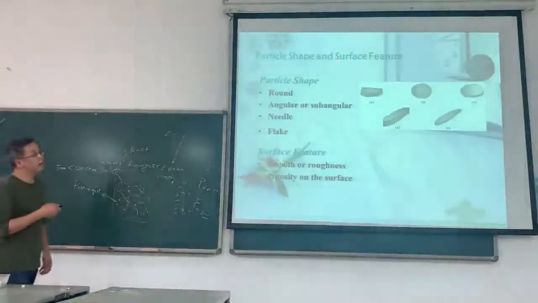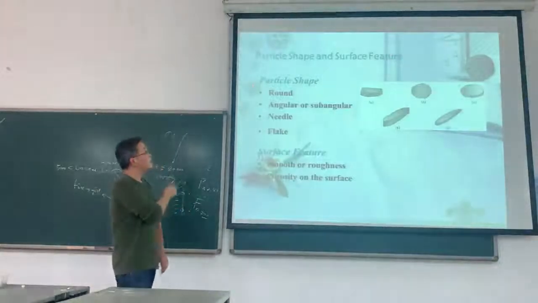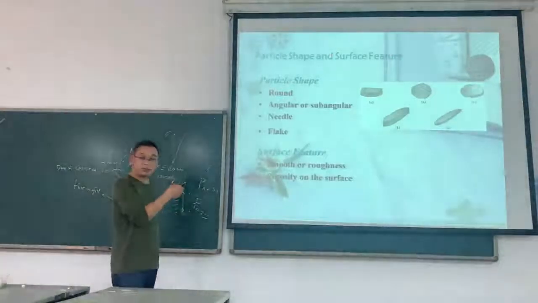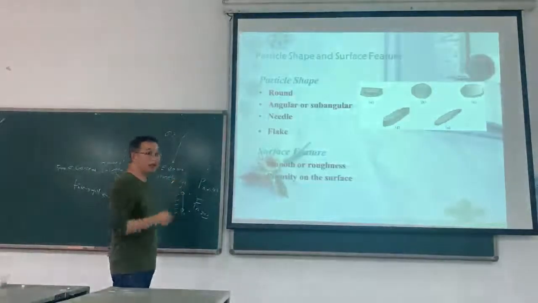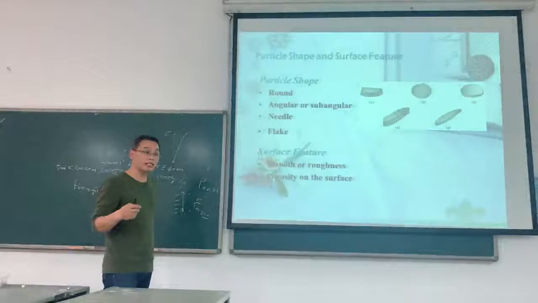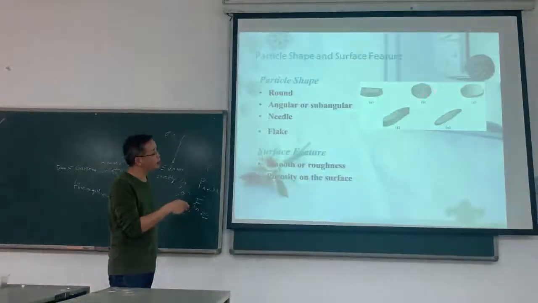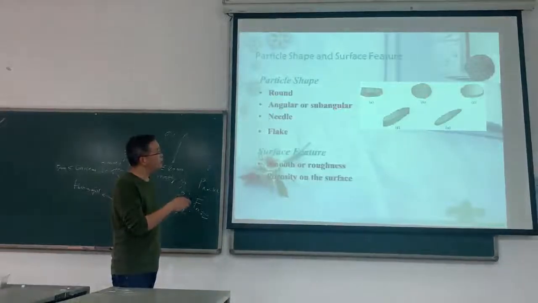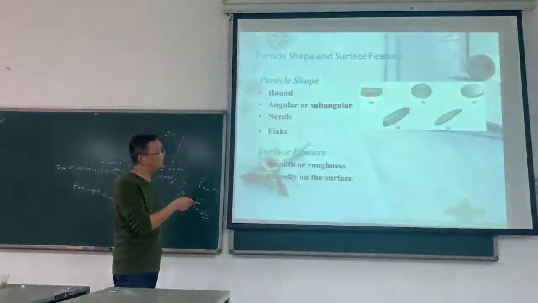And for the particle shape and the surface feature, what kind of particle shapes can we get for the aggregates? The first one is round, just like the pepper. Just like this one, round. And then the angular and subangular is just like this one.